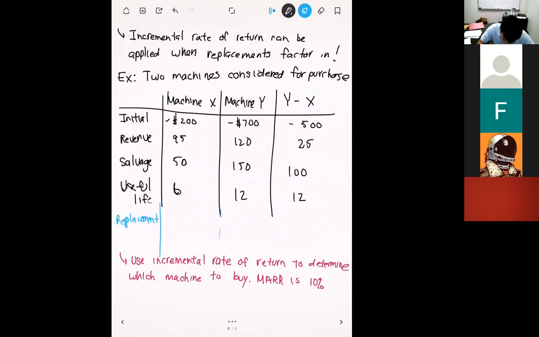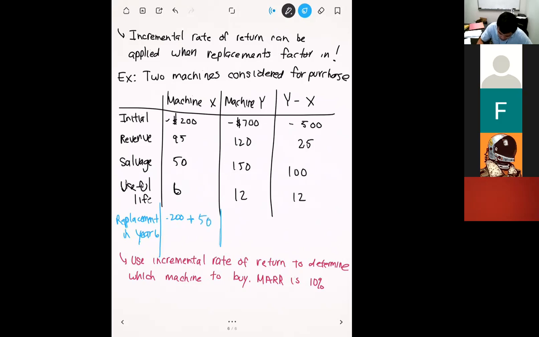The replacement in year 6 is going to cost us a minus $200. But we're also going to salvage our first one, because we bought a machine X in year 0 and that's going to last us up until year 6. So we're going to salvage that one, and that's going to be a positive 50.